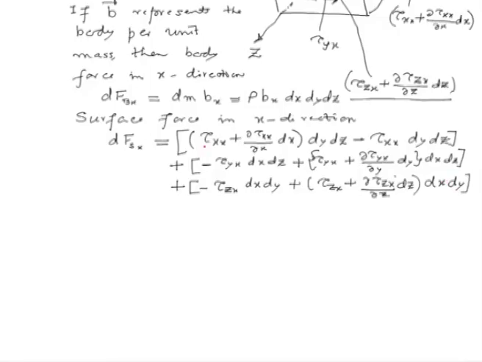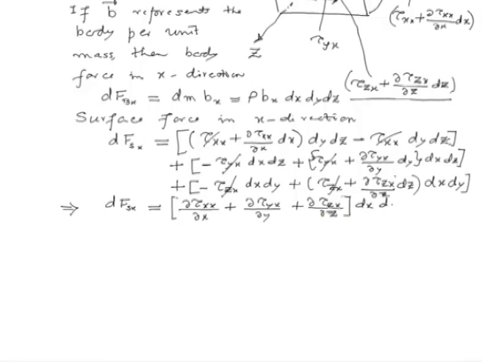We can clearly see that tau yx gets cancelled, and similarly tau zx gets cancelled, and we get a very simplified form for this dfsx, which is given by del tau xx over del x plus del tau yx over del y plus del tau zx over del z, times dx dy dz. So, finding the resultant force in x direction is now very simple.